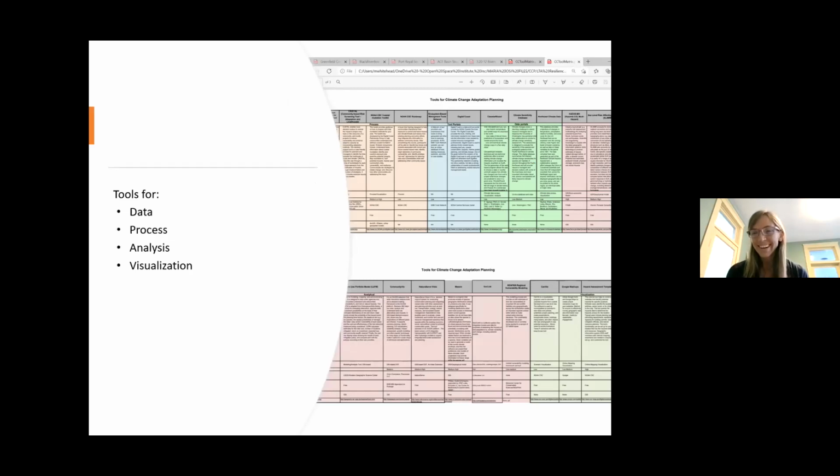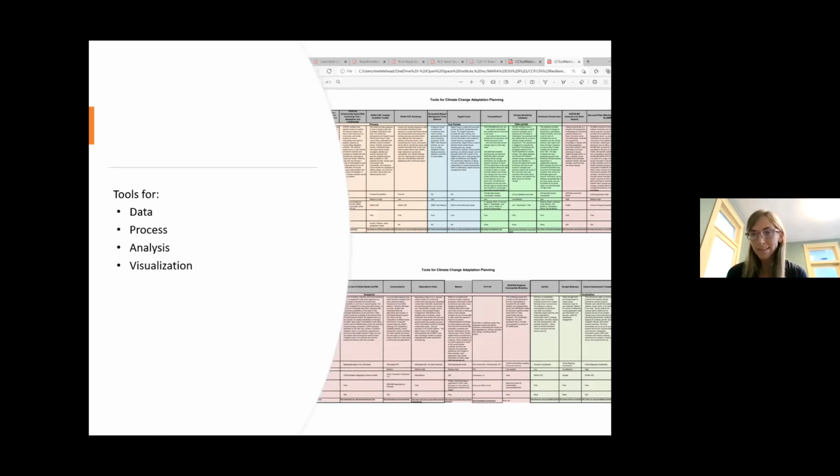This is a chart that I found online that I've referenced before, and it breaks down some of these data sets into what their purpose is. This is data that we're just going to download. It's not analyzing, it's not a tool, but data that's relevant to climate science. Are they tools that help explain processes?